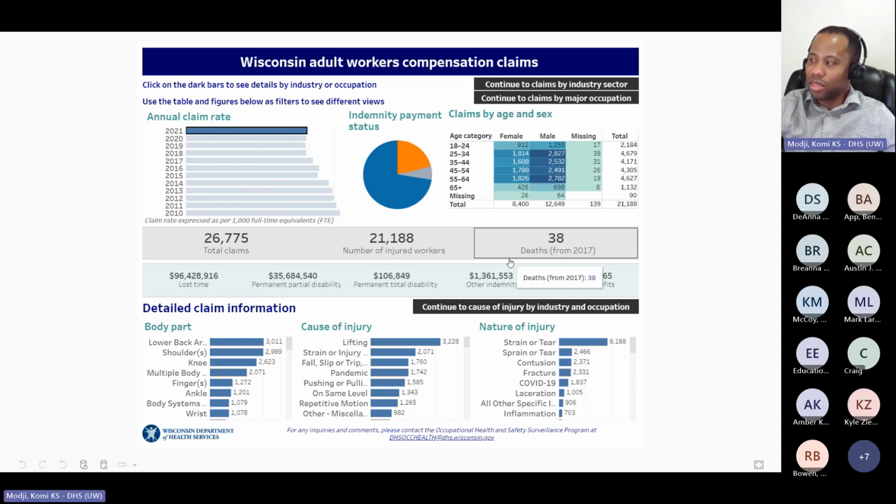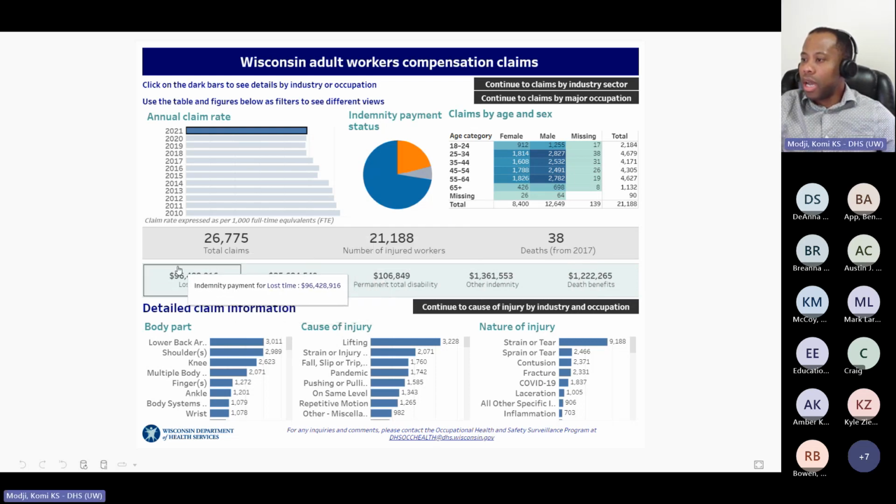Now, this has to be clarified because it's not any time there is a death on a work site that the death is work-related. Death can occur at a work site and may not be work-related. So there is a team at the Department of Workforce Development that made the assessment and give us the data and say, well, this is the number of work-related deaths that we have in that given year.